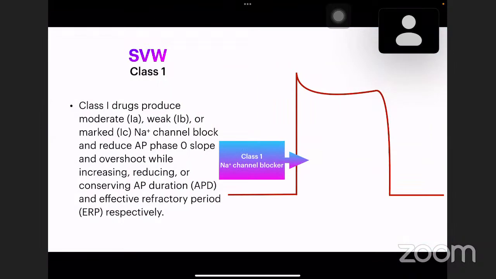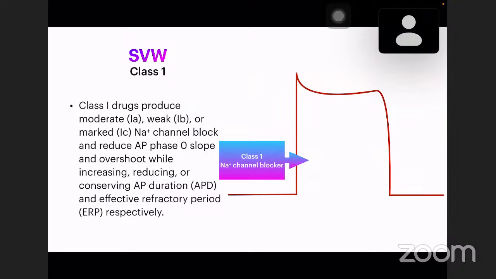The class 1 drugs, just a quick recap, are divided into class 1A, 1B, 1C, depending upon the degree of sodium channel blockade, which occurs in phase 0. The 1A is moderate, 1B is weak, and 1C is marked sodium channel blockade.